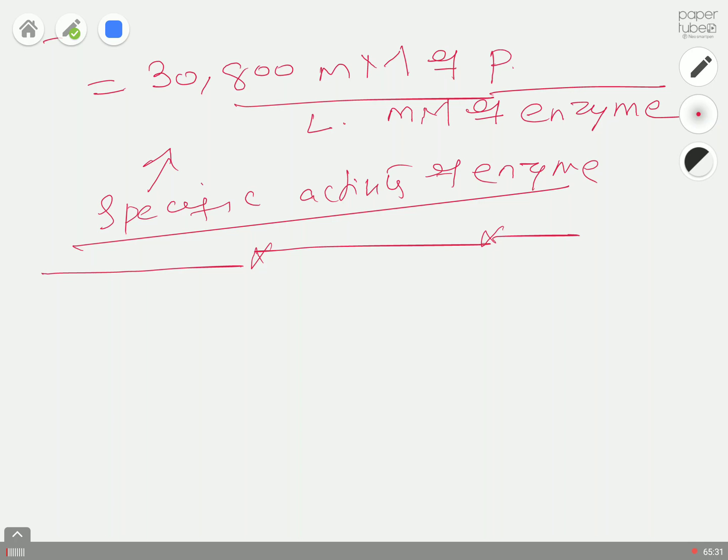So this enzyme kinetics is maybe tough for some of you, especially who do not have an engineering background, because other than these definitions which I discussed in this particular lecture, we are going to have a few more derivations and some mathematical expressions which you need to use to solve some problems.